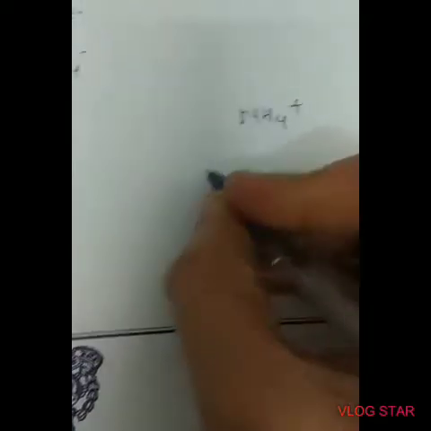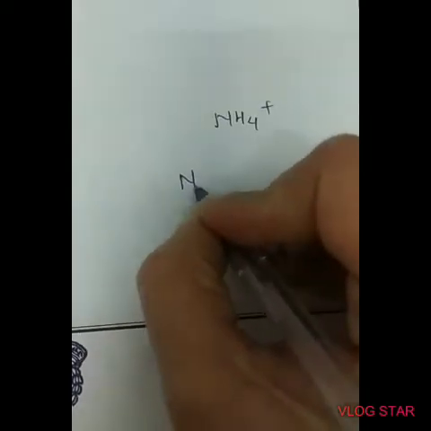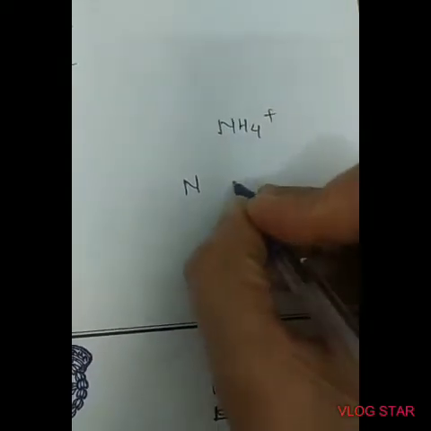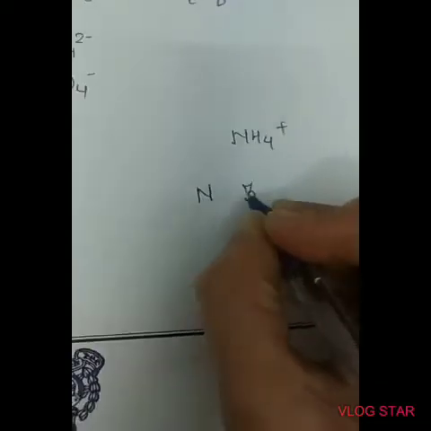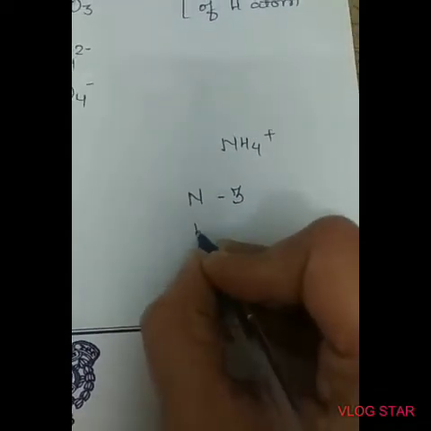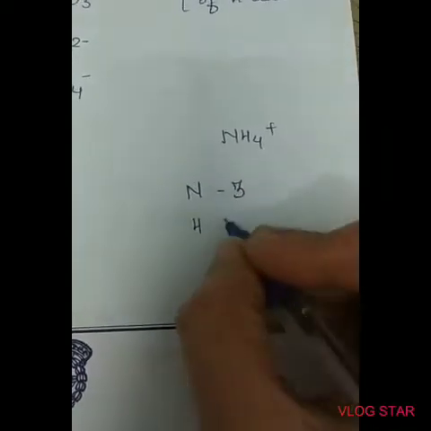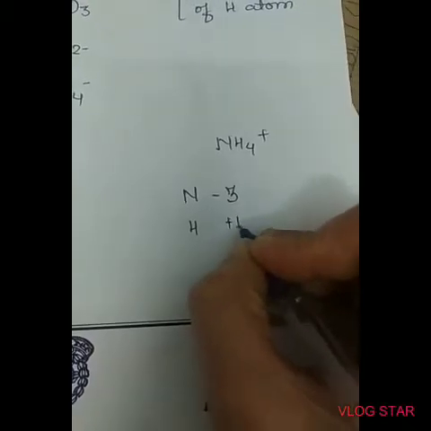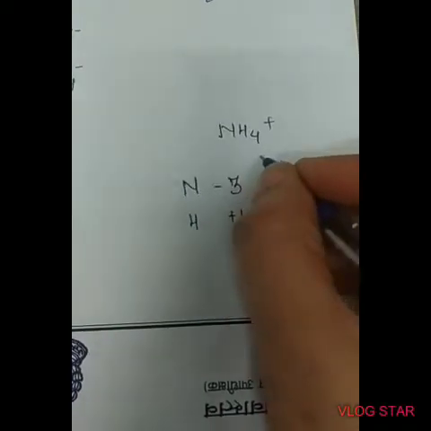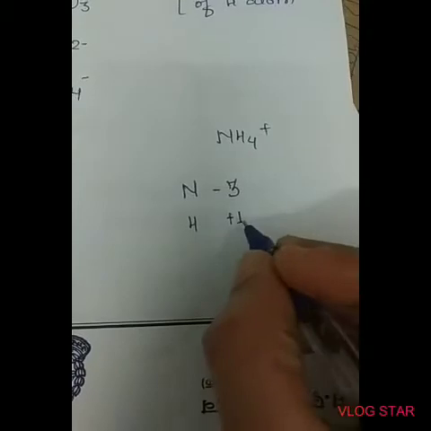Okay, so we know the valency of nitrogen is -3, and the valency of hydrogen is +1. So for 4 hydrogens, how much valency will we have? 4.